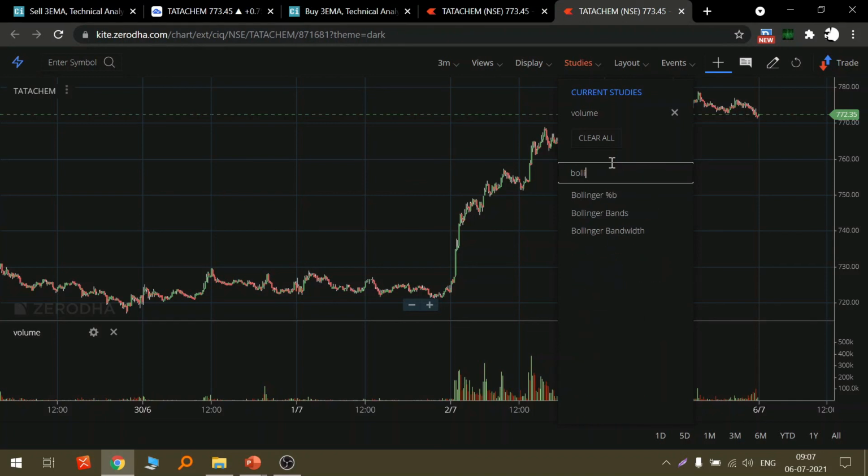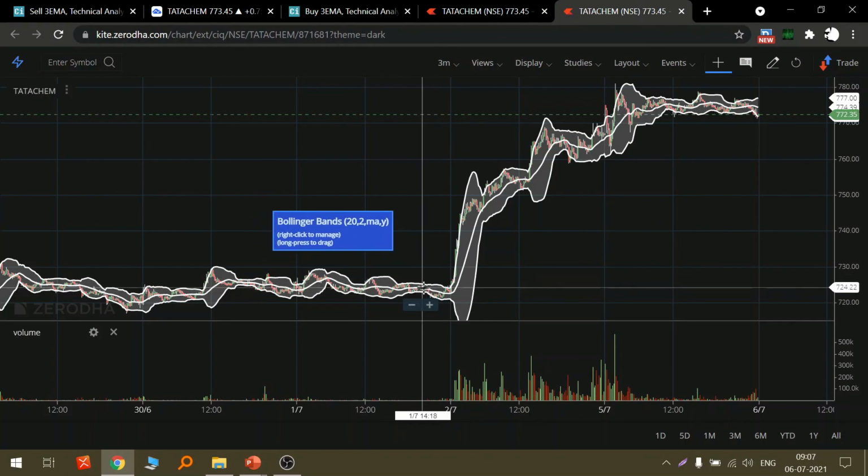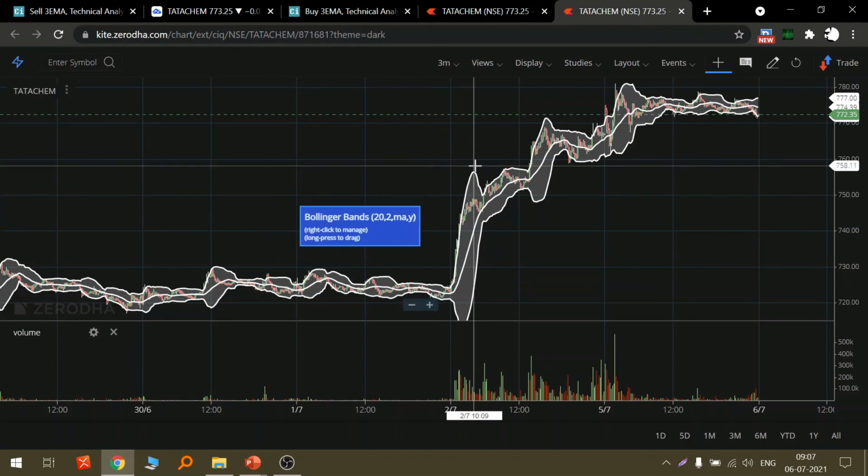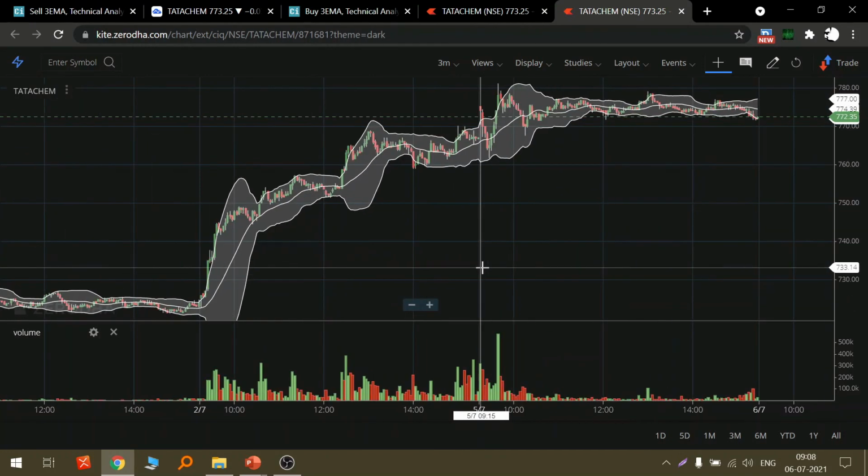Let's wait for the market to open to take a trade in this. See, this is the squeeze which we were expecting, and it gave a very good target of 1:3. Not 1:3, it would be more than that if we calculate.